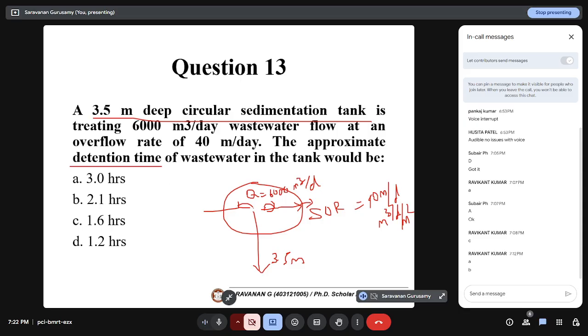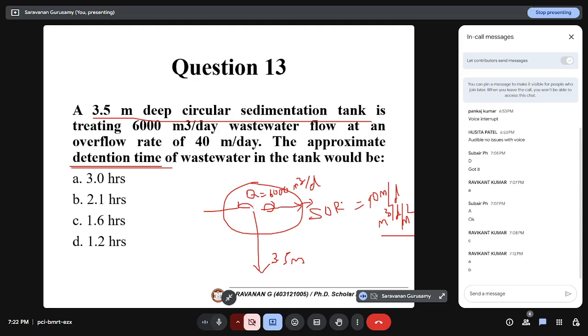The appropriate detention time they are asking. You have meter cube per day. You have meter cube per day per meter square.